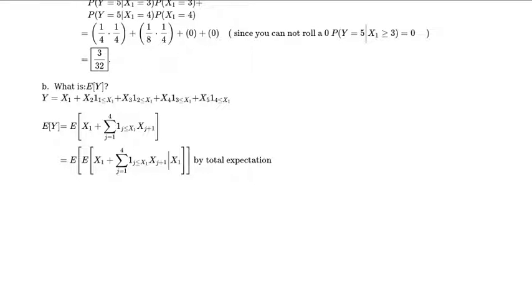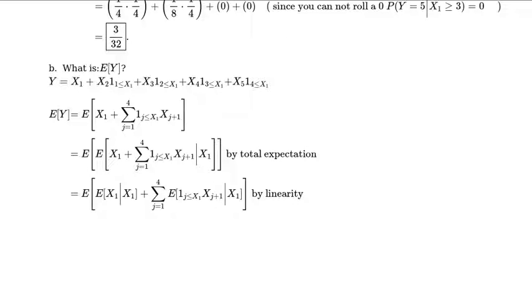Then what we can do is use total expectation. So rather than just leaving that as an expectation, we can use total expectation to write it as the expectation of a conditional expectation, conditioning on the random variable x1, the number of extra rolls. And then we can use linearity to divide up the conditional expectation.